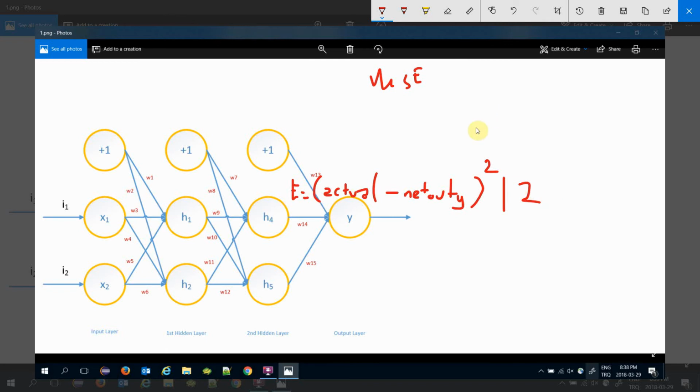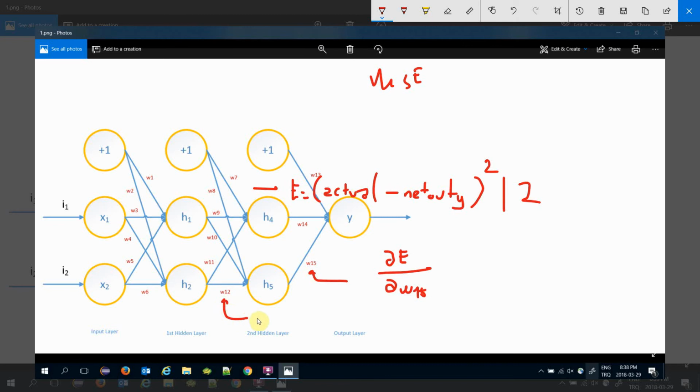Now the question is how much this calculated error should be reflected to, for example, W15. This question also refers to calculating the derivative of total error with respect to W15.